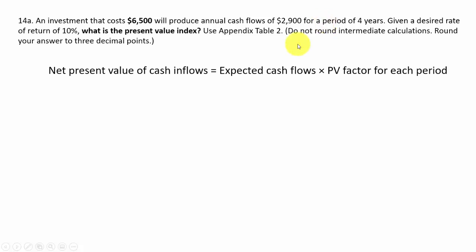So our little formula is going to be that the net present value of these cash flows will be the expected cash flows times the present value factor for each period, and that'll be present value of an annuity. The periodic payment here will be $2,900. That's the equal payment. The table value of this present value table will be based on 4 periods. That's 4 years, 10% rate of return.